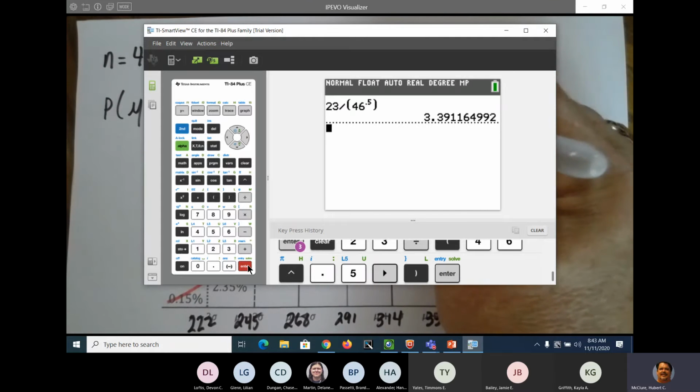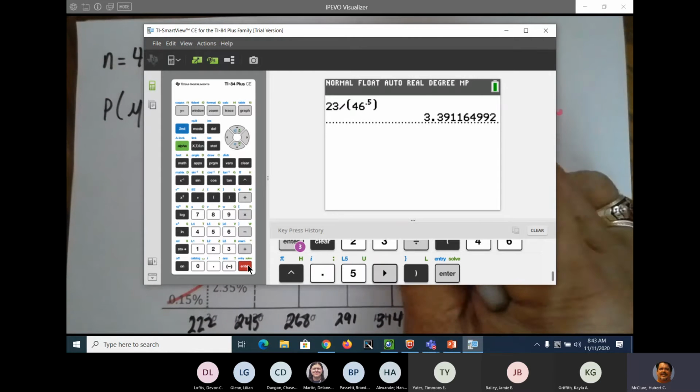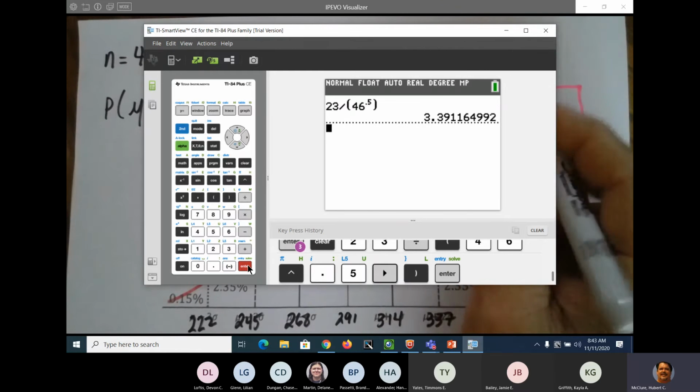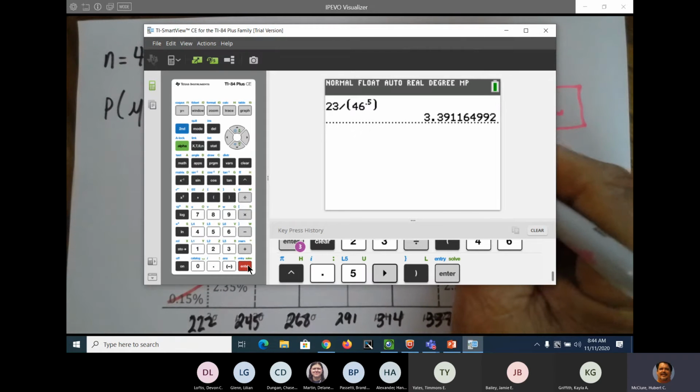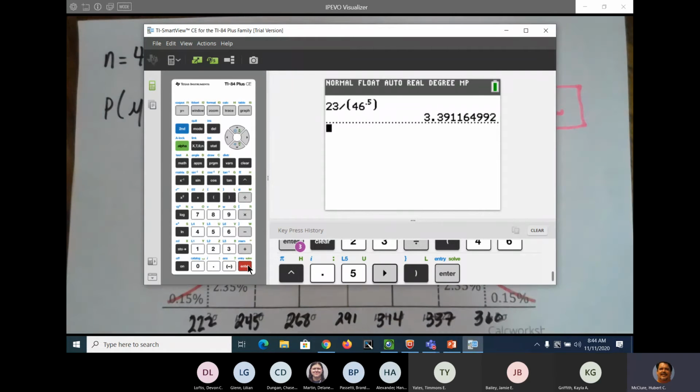That is our new standard deviation. For my graph, for my picture, I'm going to say 3.4. And I'm going to add that right quick.